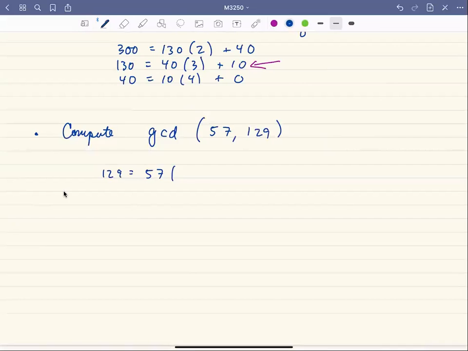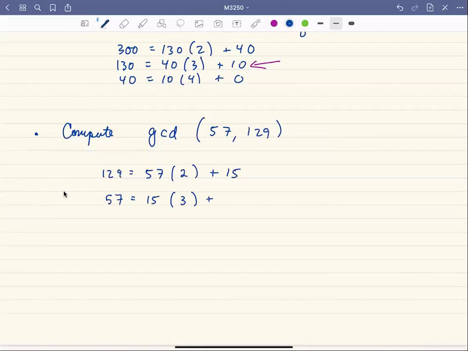57 goes into 129 twice. Now 2 times 57 is going to be 114. So that means that we're going to have 57 plus 15. Okay, and then we're going to do it again. And so 15 goes into 57 3 times.